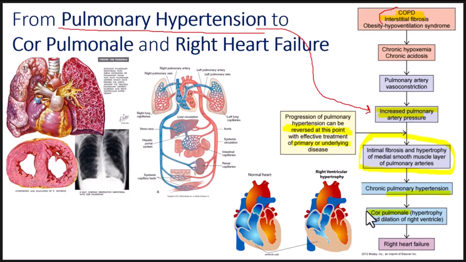But the term cor refers to heart. Pulmonale refers to the lungs. And so this is where the term cor pulmonale, we can say, means heart disease caused by lung disease.